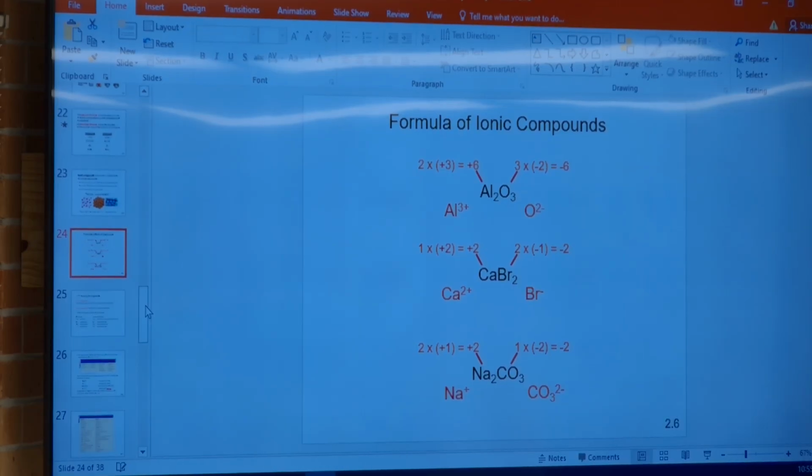Like hydrogen, the symbol is H, which comes from the first letter. Oxygen's symbol also comes from the first letter. And some come from the first 2 letters. Calcium, Ca. It's logical, right? But sometimes not logical.